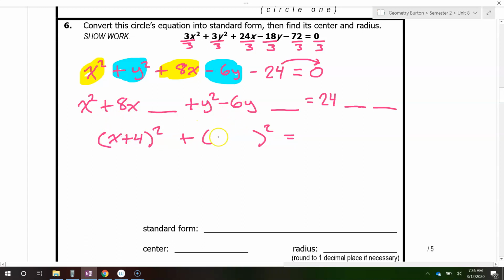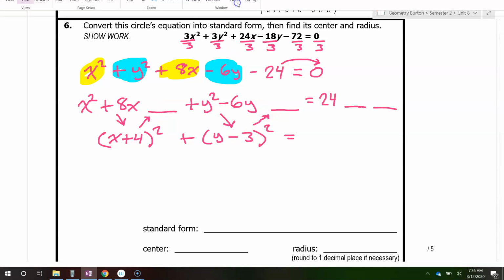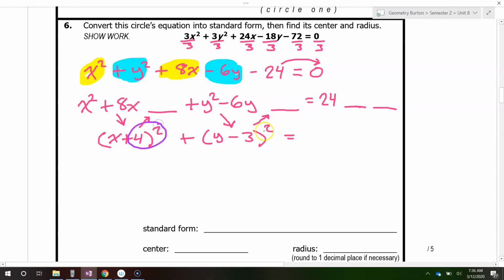This is negative 6, so I'm going to have y minus 3. I just drop down by a half. And then I go back up again. What I do when I go back up is I am squaring this. I'm going to do 4 squared, and I'm going to do negative 3 squared.